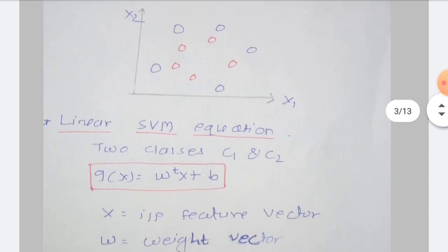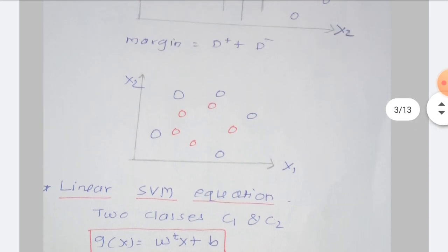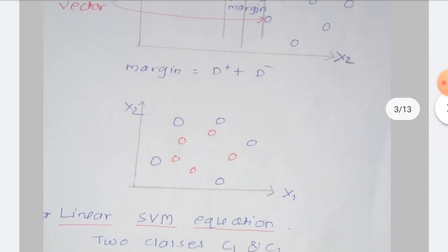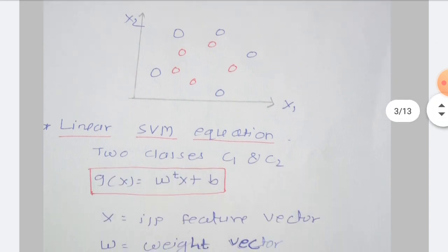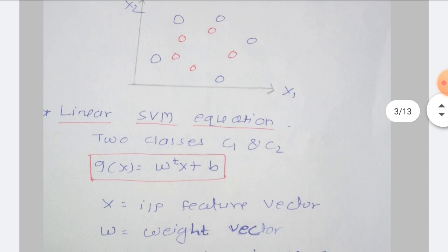Linear SVM equation. Now this is the theoretical part related to support vector machine. Now actually how to write this idea in the form of an equation. Consider two classes, one defined as C1 and the second defined as C2. Now g(x) is the equation which is a linear function.